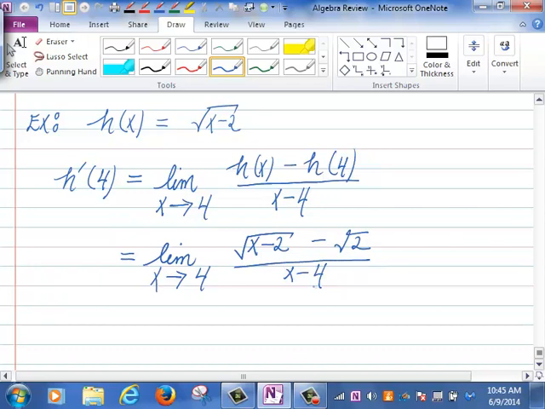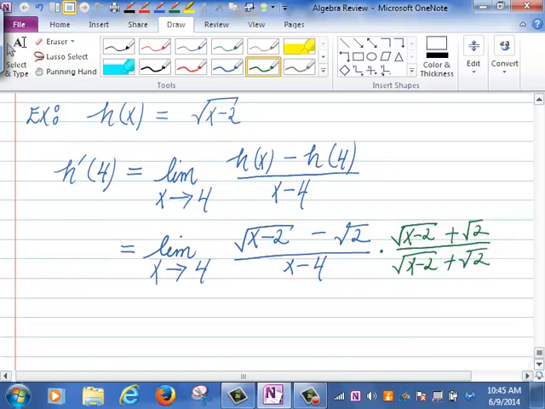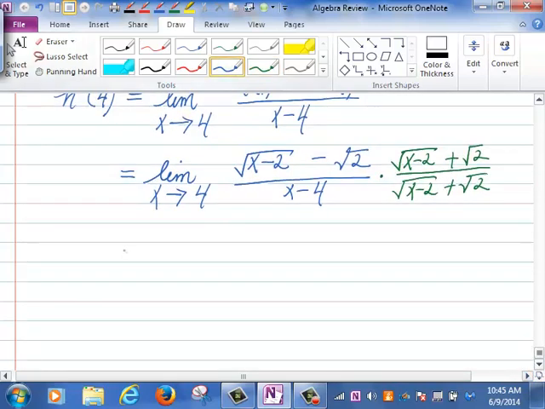Okay, so how do I compute this limit? Yeah, multiply. So in order to compute this limit, I have to multiply by the conjugate. So that is, I have to rationalize the numerator. So plus root 2 over root of x minus 2 plus root of 2. And so this is equal to the limit as x going to 4.